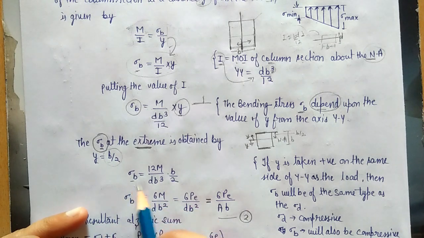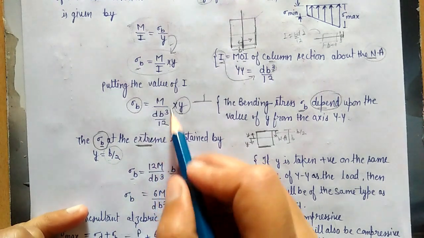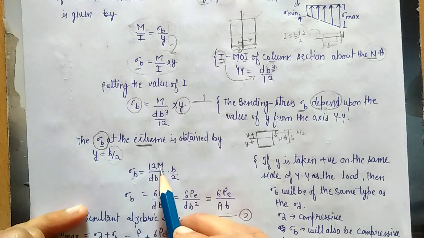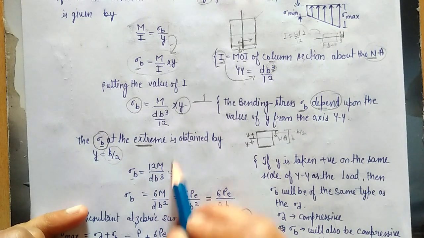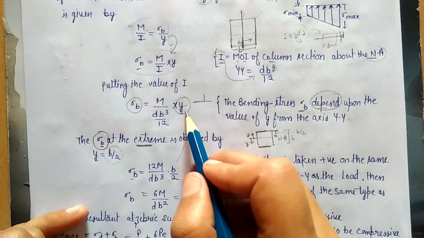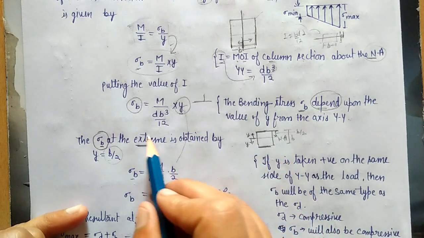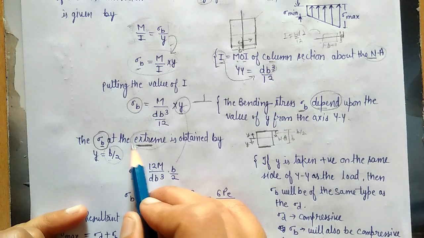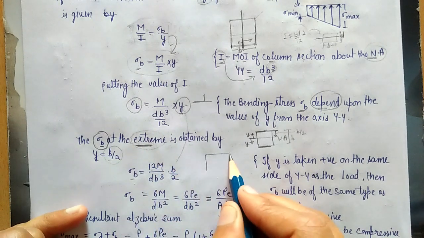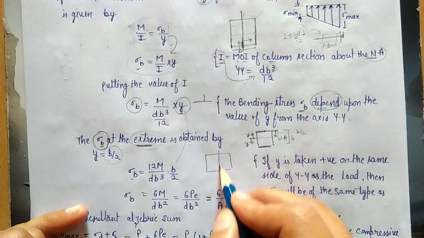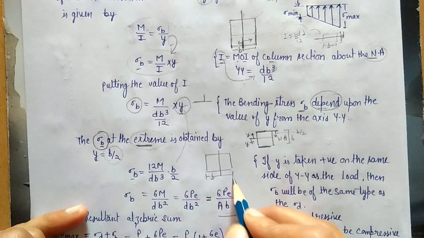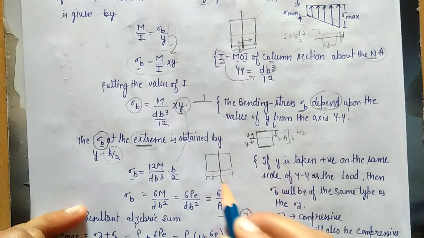So sigma b comes out as 12 M upon d b cube, into y, which is b by 2, because of the extreme fiber, right? If we look at it like this, this is our b, and this is our neutral axis.